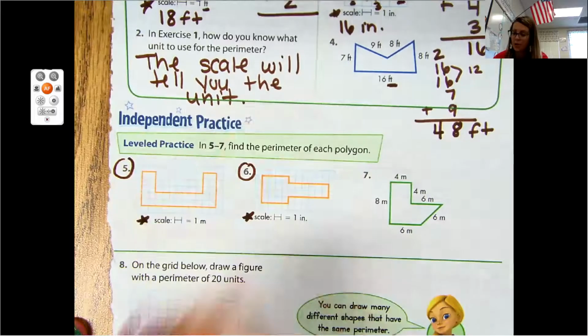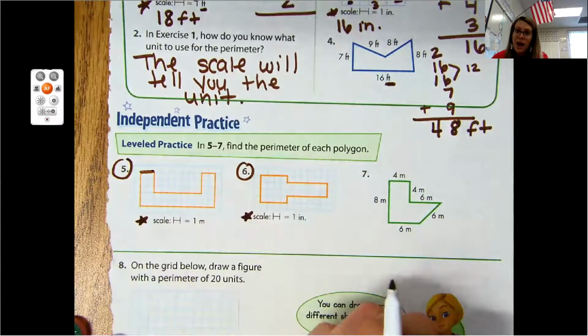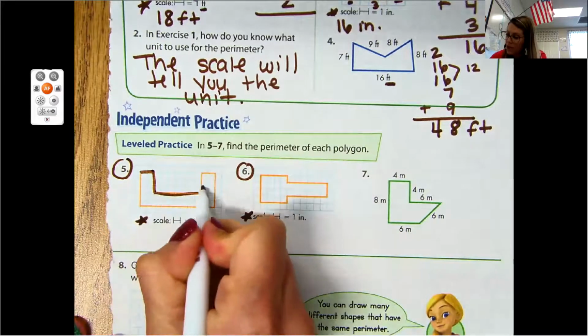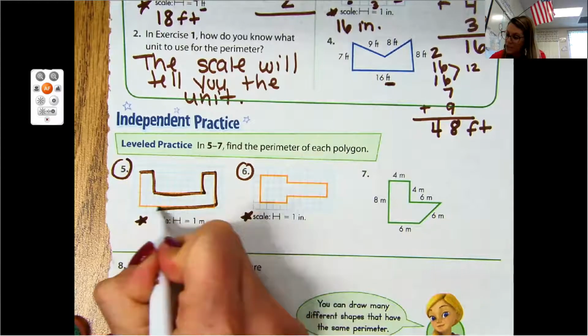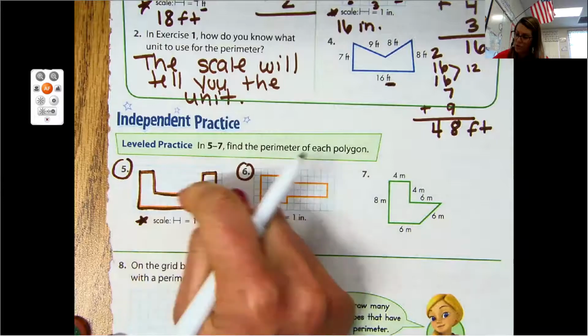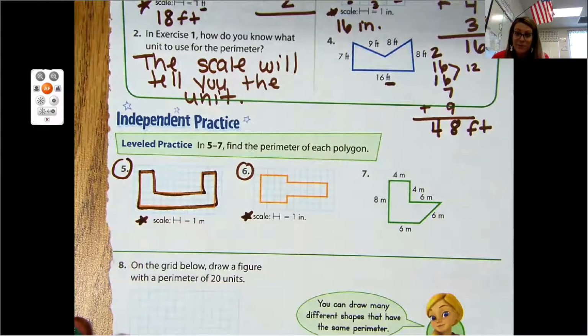Using those tick marks, making sure that there is a length for every single side of this shape, right? 1, 2, 3, 4, 5, 6, 7, 8. You should have 8 numbers. And then what do you do? Add them together.